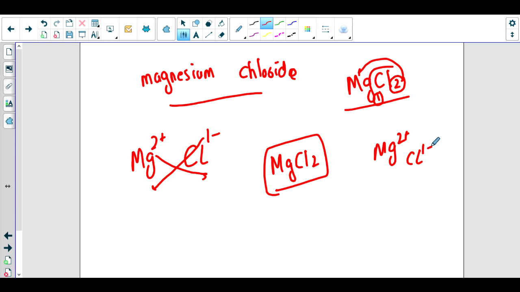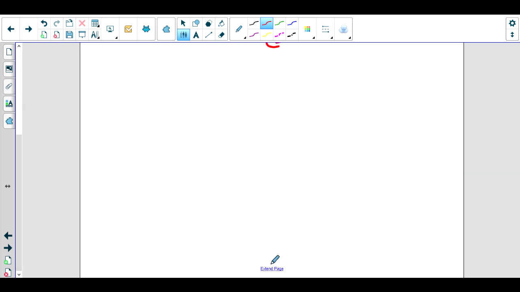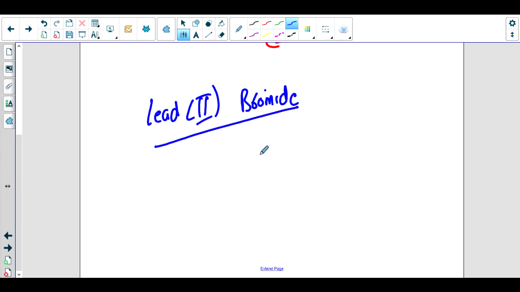This you can do. Like for example, you have another salt. This one easy. Let's say you have lead bromide. Lead 2 bromide. Okay, if you know the formula of lead 2 bromide is PbBr2. So if you get confused, what will be the ionic equation?